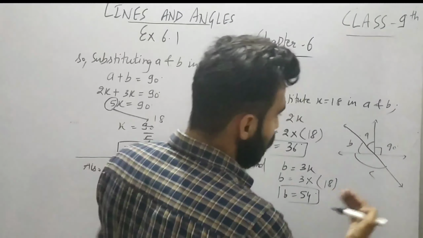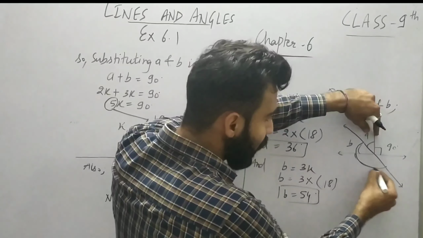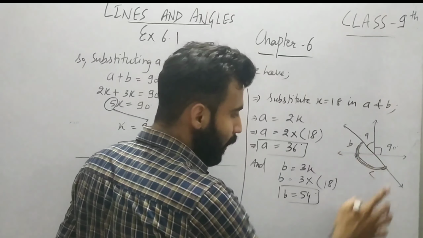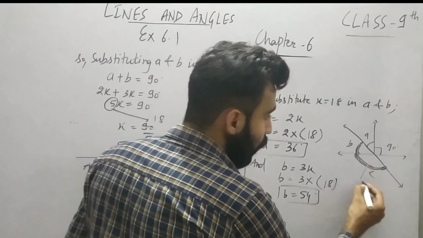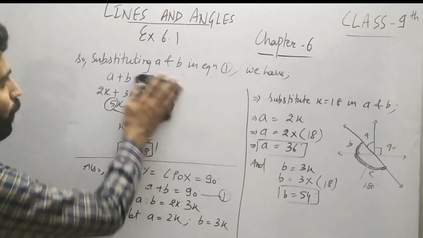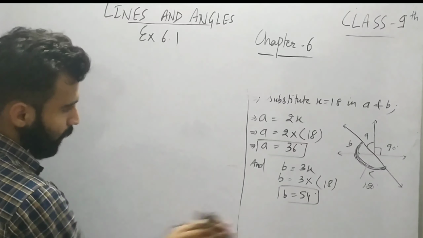Now you can see this is a straight line, and this will form a 180 degree angle. So B and C combined will form 180 degrees.